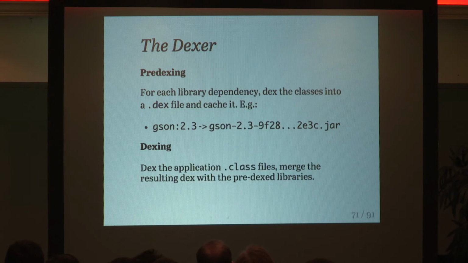The actual dex task itself will just dex your application code, but it won't dex the library code. We've already done that. It just needs to merge them together. So there's an extra merge step there, where it takes your application dex and all of the library dexes, and merges them together into this one huge dex file.